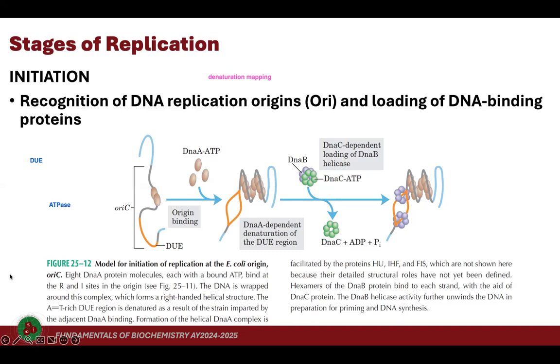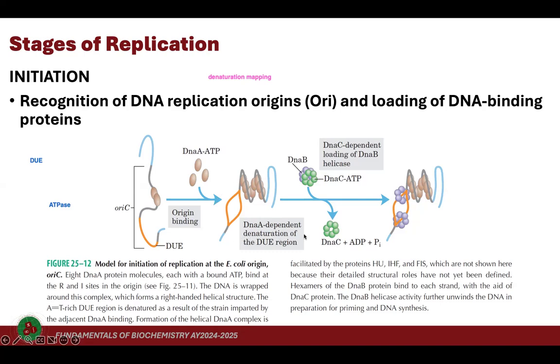But when you initiate replication, you need these DNA A to unwind the DNA around the DUE, or DNA unwinding element. So in particular, for E. coli, it needs 8 of these DNA A enzymes. So the DNA A enzymes will wrap themselves with the DNA and catalyze the unwinding. Okay?